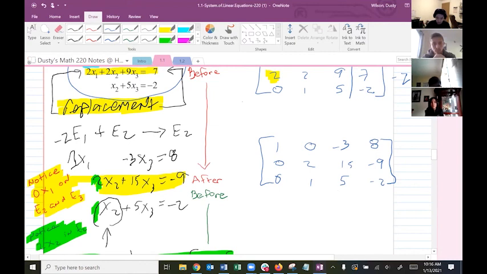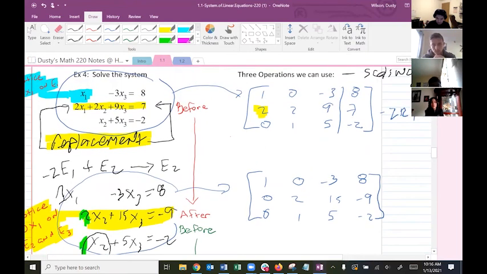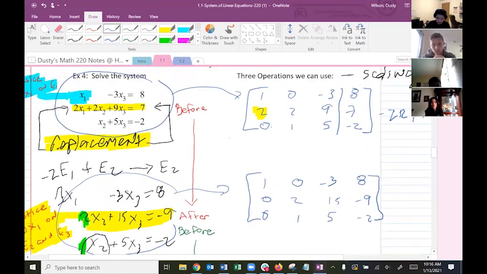They pair with each other perfectly. Again, what were we trying to accomplish? We had this yellow 2, and now that yellow 2 has been replaced by a yellow 0, which we like.